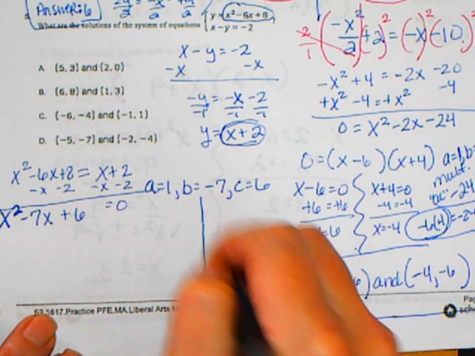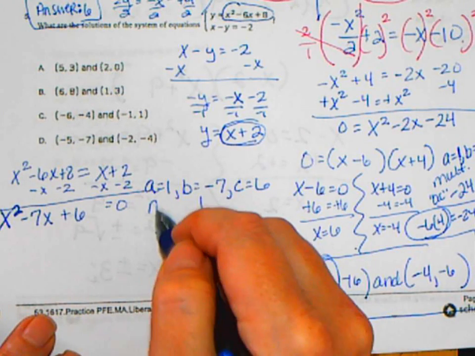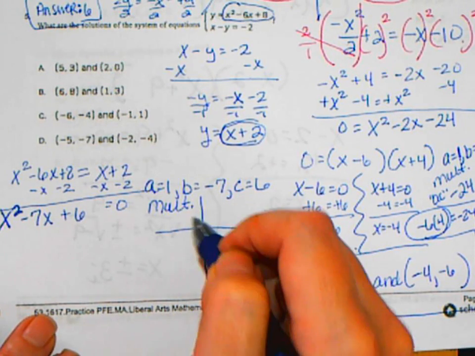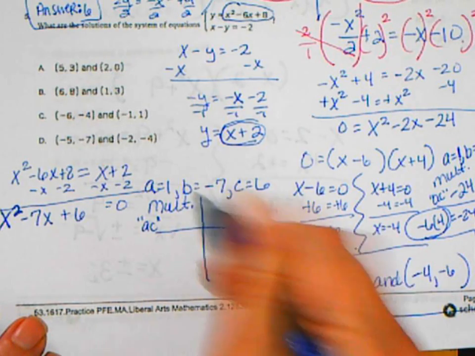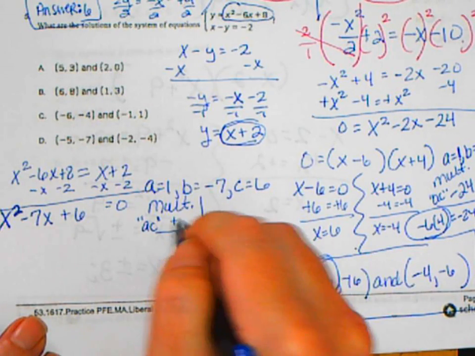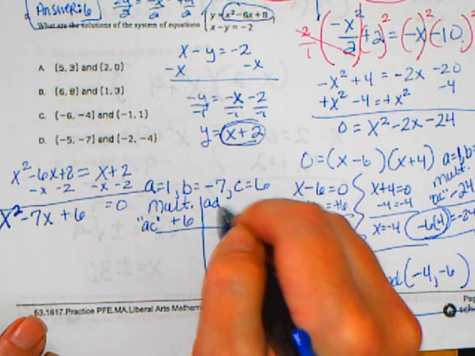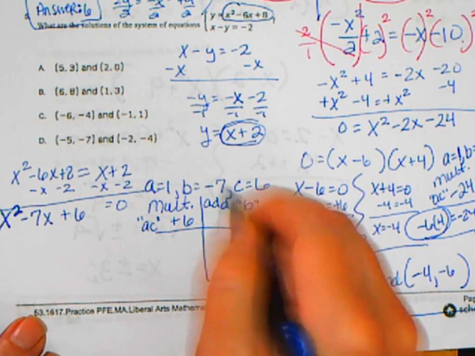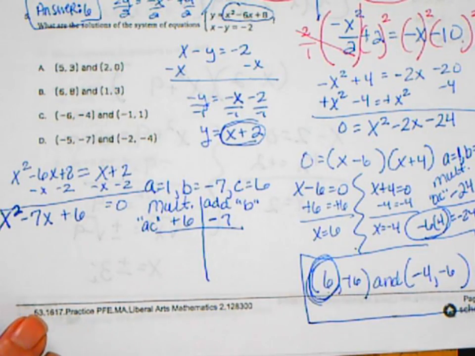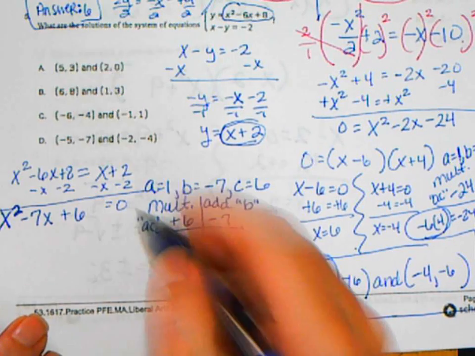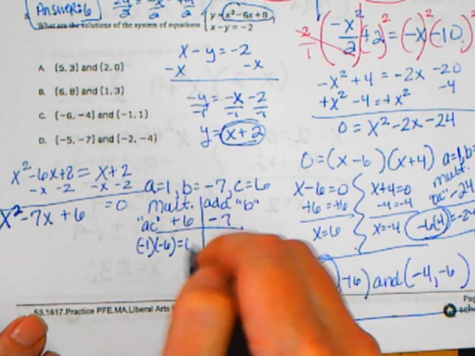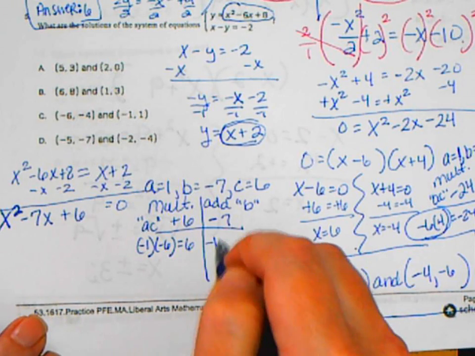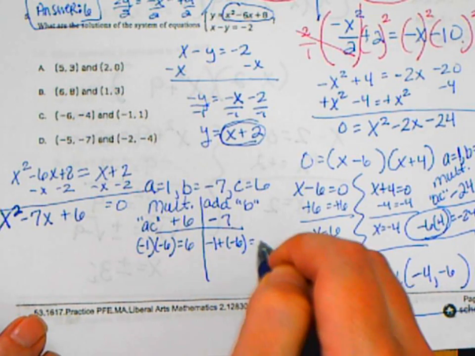So in your T-chart, let me get my T-chart filled out. I need two numbers that multiply together to give me A times C. So 1 times positive 6 is positive 6. And you want them to add together to give you B, which is negative 7. So negative 1 and negative 6. All right, let's try it. Negative 1 times negative 6 equals positive 6. Negative 1 plus negative 6 equals negative 7.